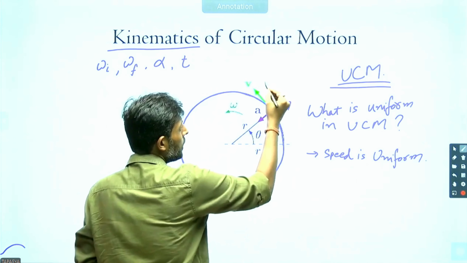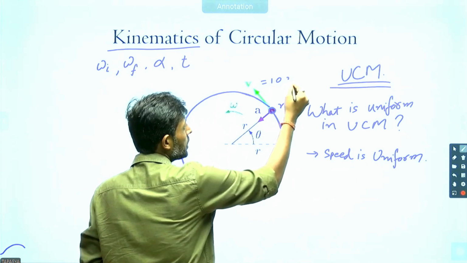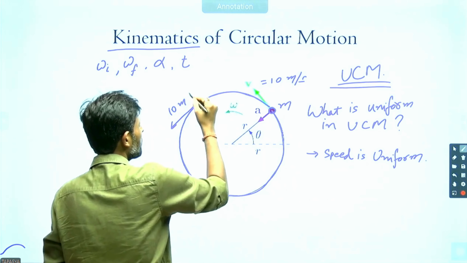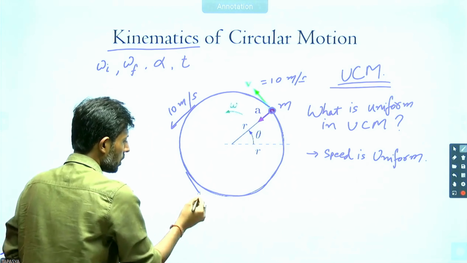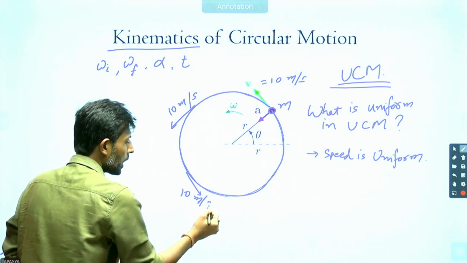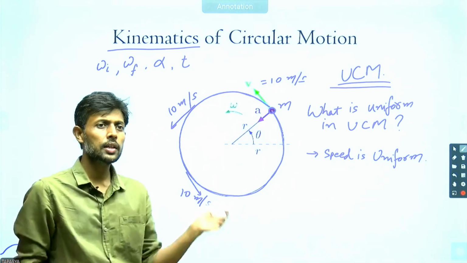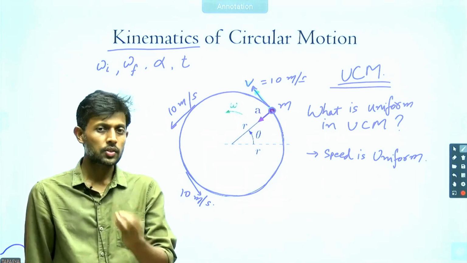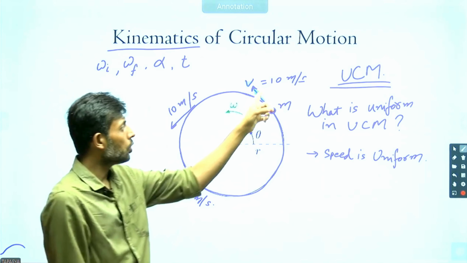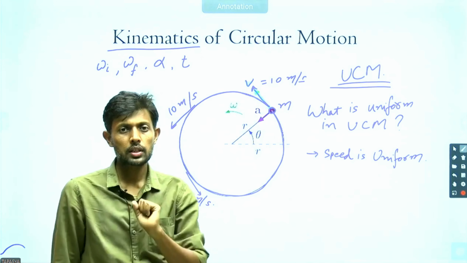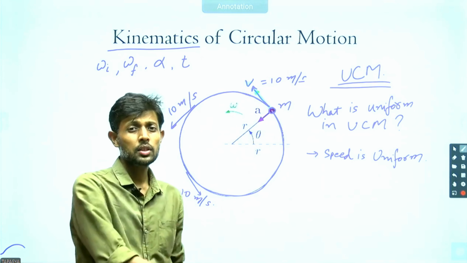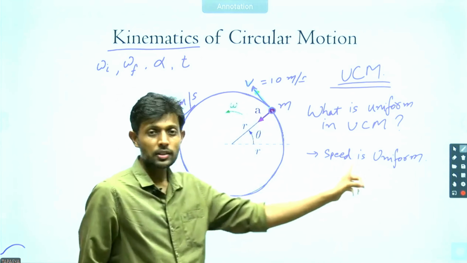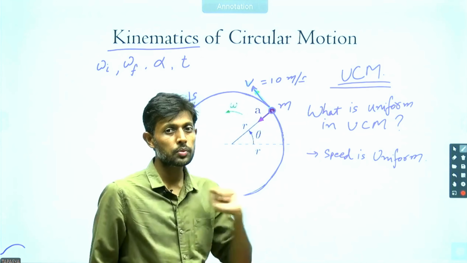If we say that the speed is always 10 meters per second here, here also 10 meters per second, here also 10 meters per second, can you say that the velocity at these three places is also the same? The answer is no, because even though the speed or the magnitude of velocity is the same, its direction keeps on changing. So the velocity keeps on changing. So velocity is not uniform in uniform circular motion.